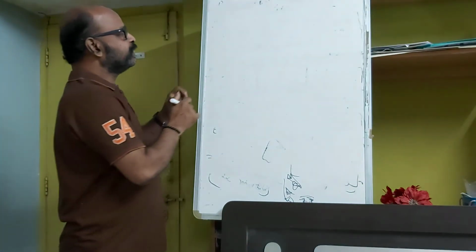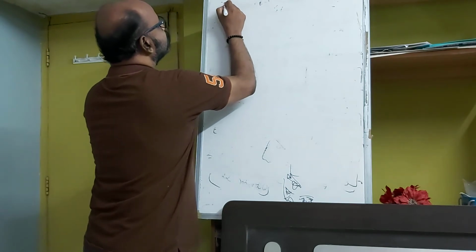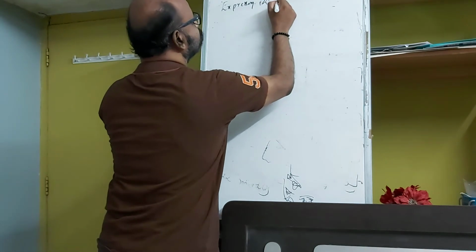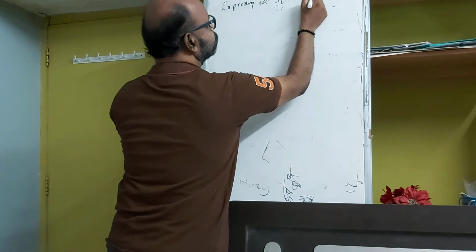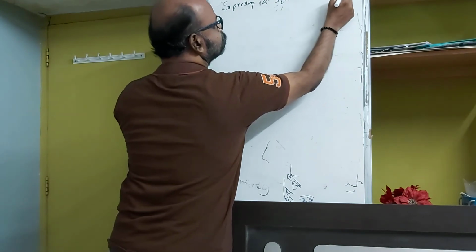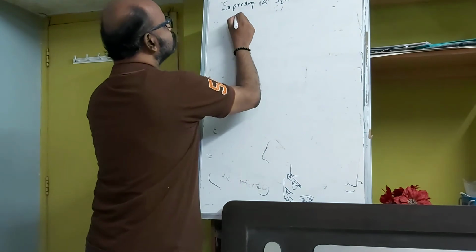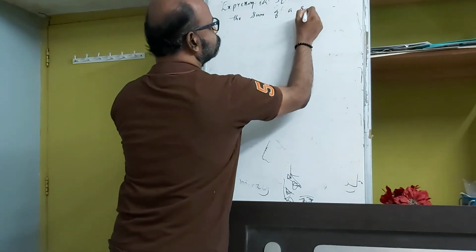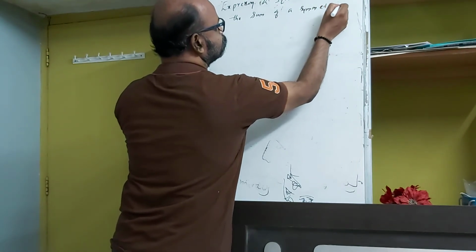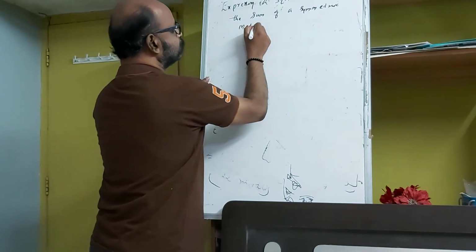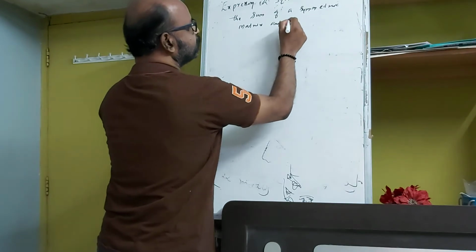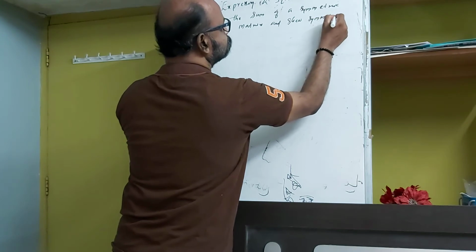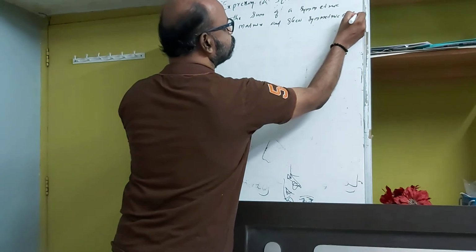We say, expressing a square matrix as the sum of a symmetric matrix and a skew symmetric matrix.